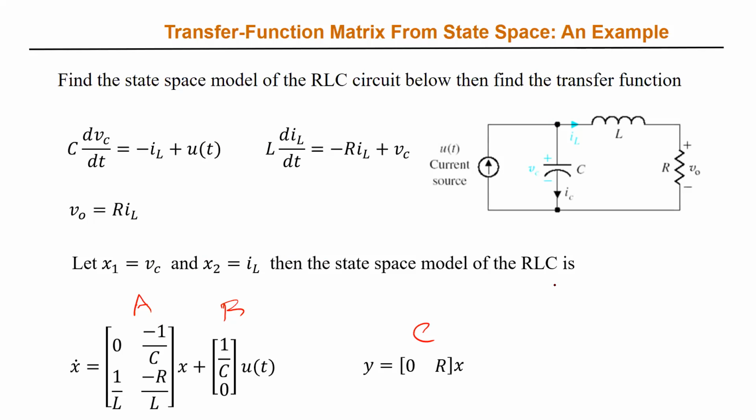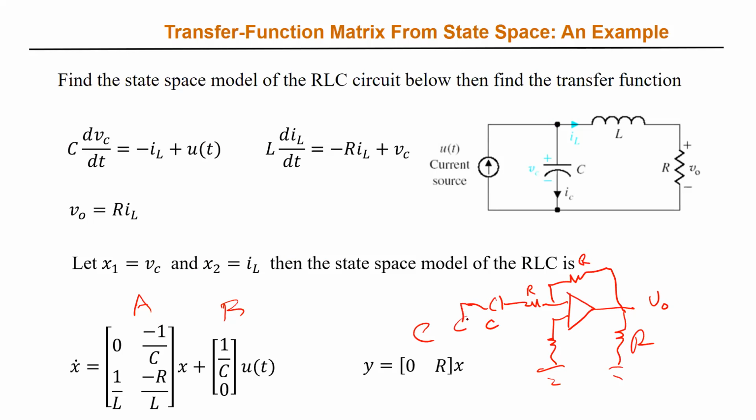For example, suppose I have an operational amplifier here. This is R and this is V out. Another R, and here I have R and C, and this is V input.